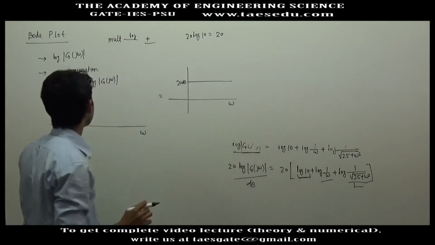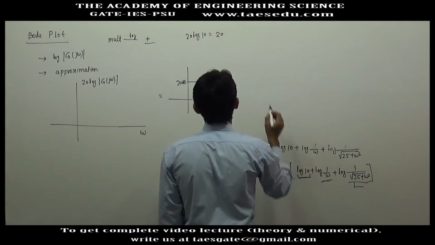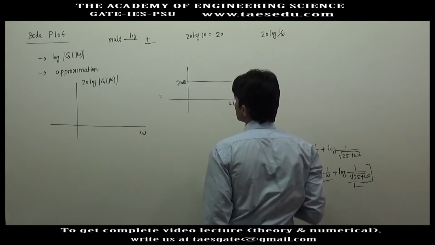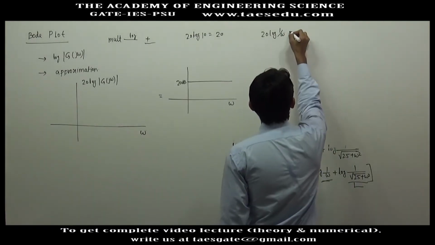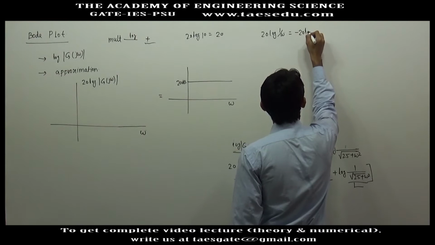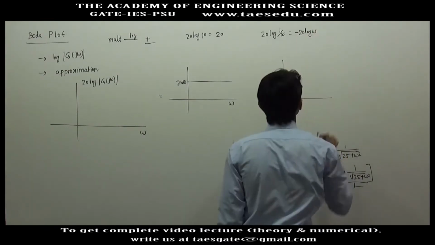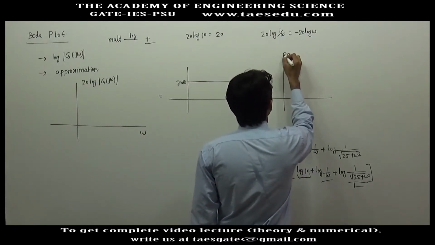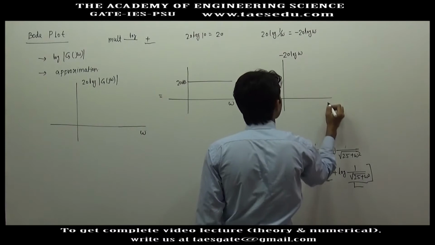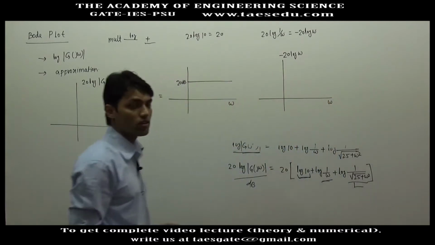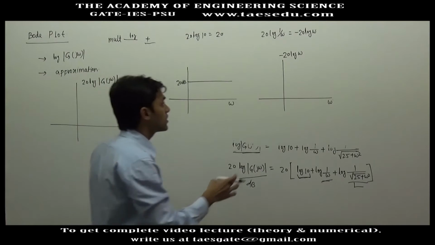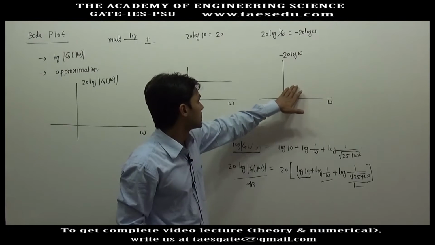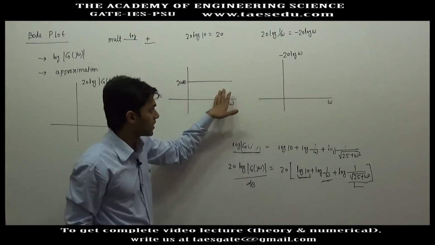The second graph is 20 log 1 by ω. This will be nothing but minus 20 log ω. Now if you plot minus 20 log ω versus ω, this graph will be logarithmic and this will give you a curve. Even if you plot this, you have to get the addition, so that looks difficult.